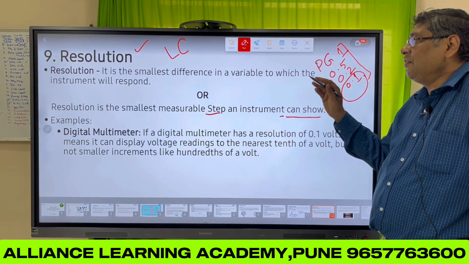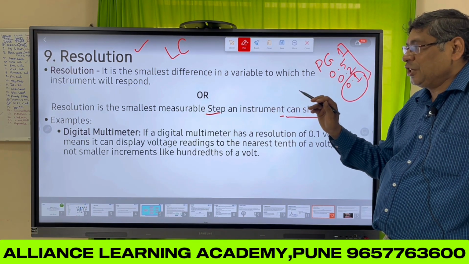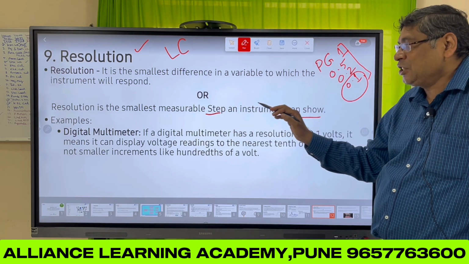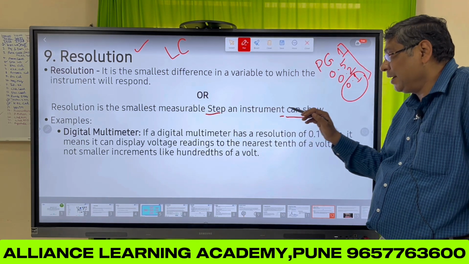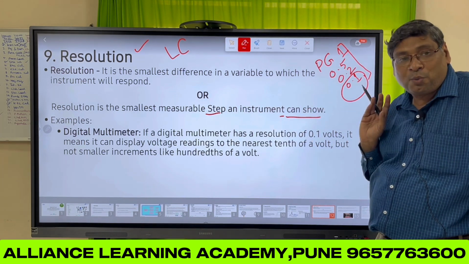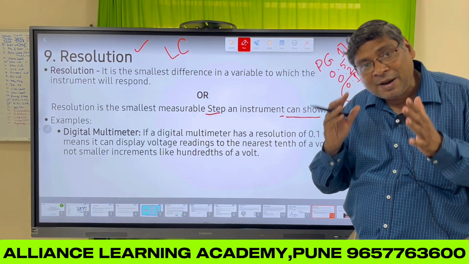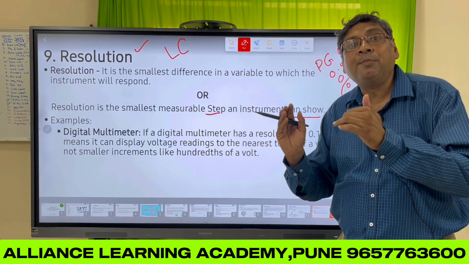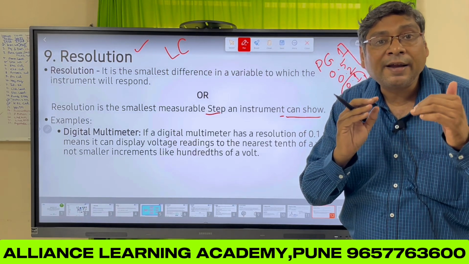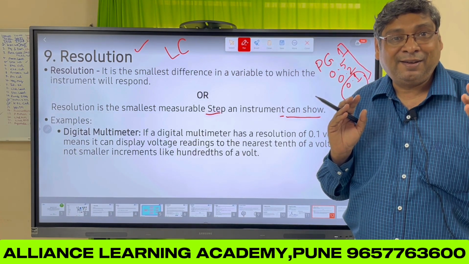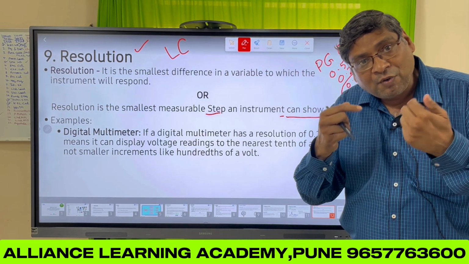So resolution is the smallest difference in a variable to which the instrument will respond, or the smallest measurable step an instrument can show. Here you have to understand that it is the ability of an instrument, the minimum value it can measure. Now we'll go more in depth.